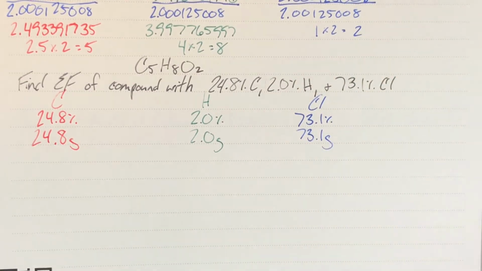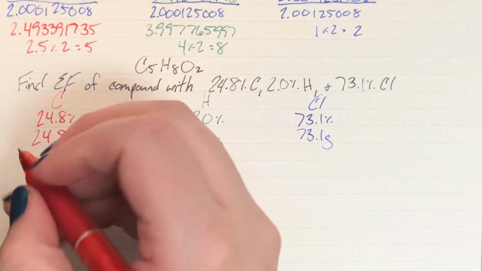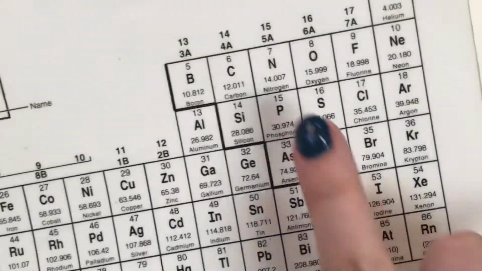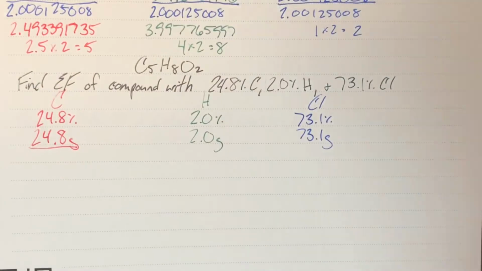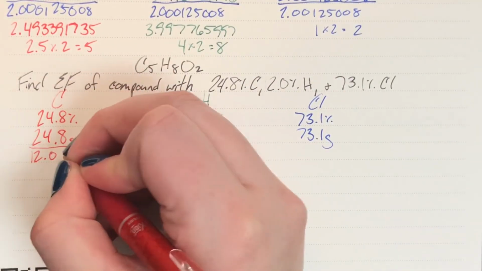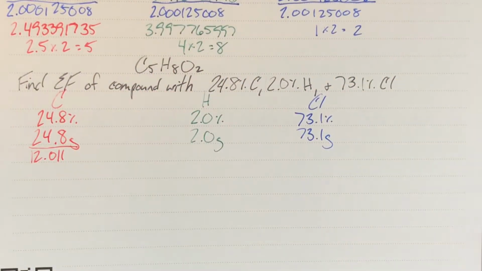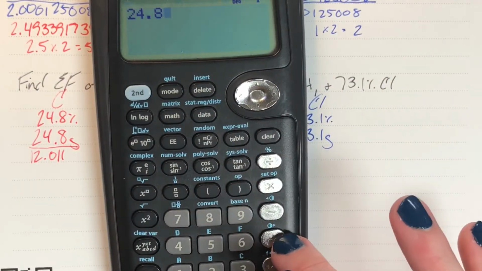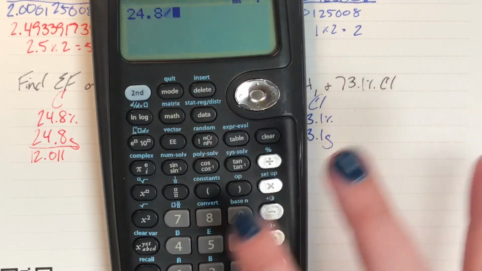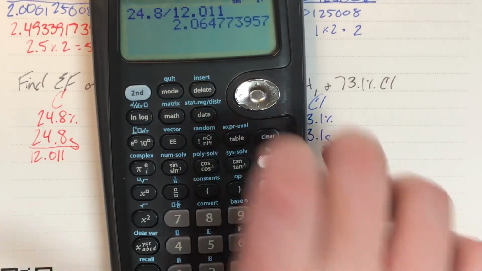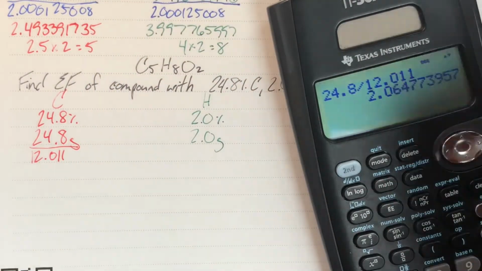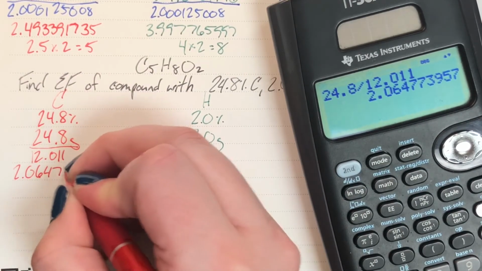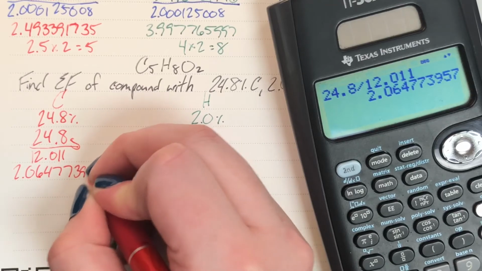We've done percent to mass, then we need to do mass to moles. So we're going to go ahead and divide carbon by carbon's mass on the periodic table, which was 12.011. Okay, that will give me the number 2.064773957.